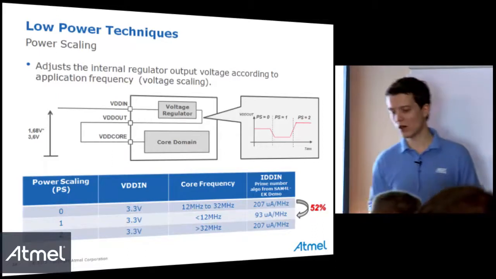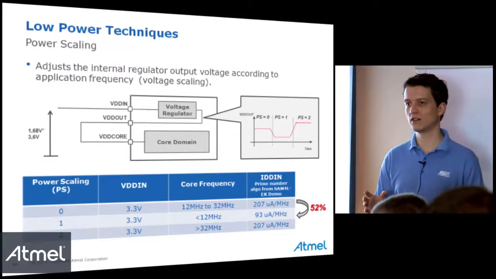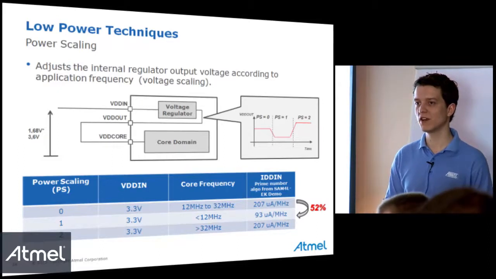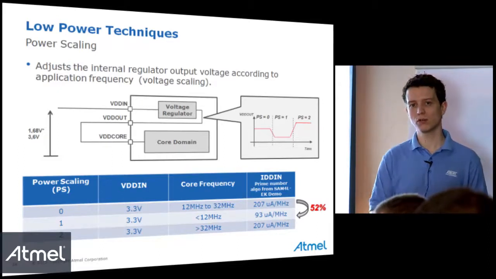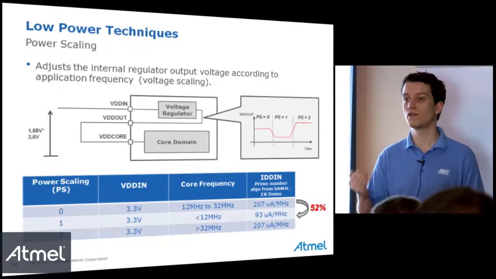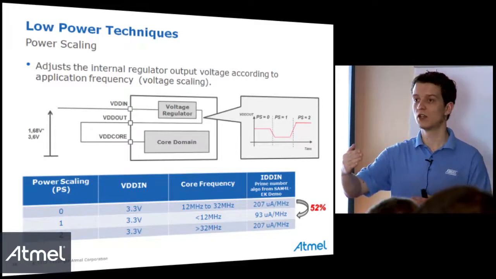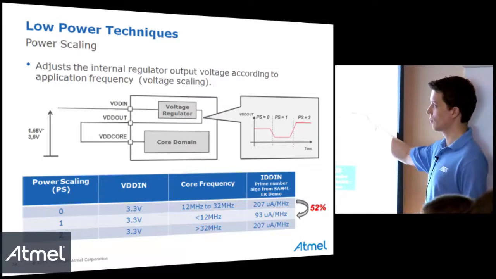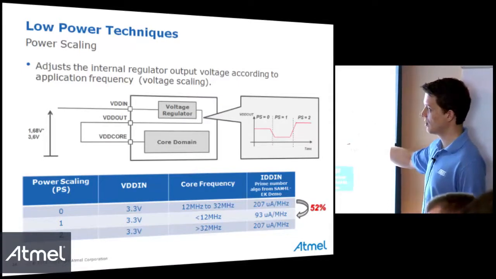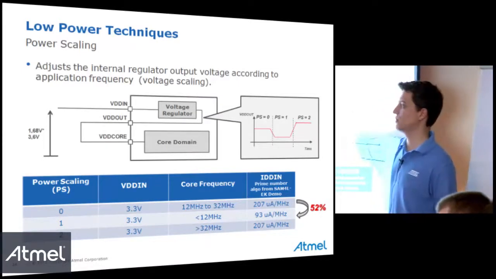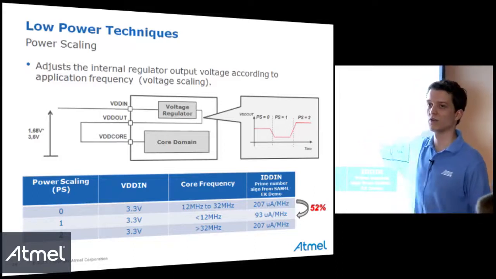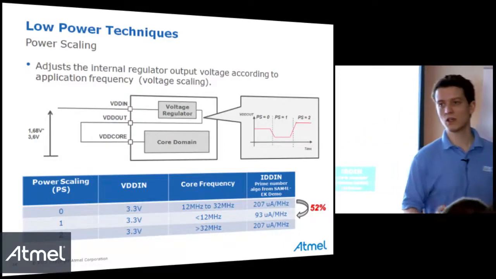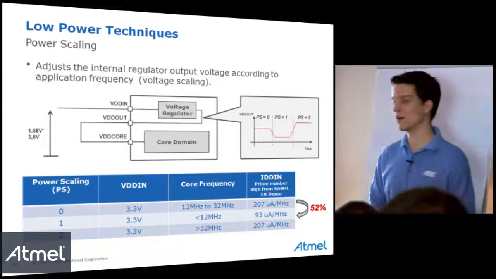Mainly, when you are running the core below 12 megahertz, the core does not require the maximum voltage. So we add a power scaling mode 1 that allows you to decrease the voltage outputted by the regulator, so that you can reduce power consumption if you are below 12 megahertz.